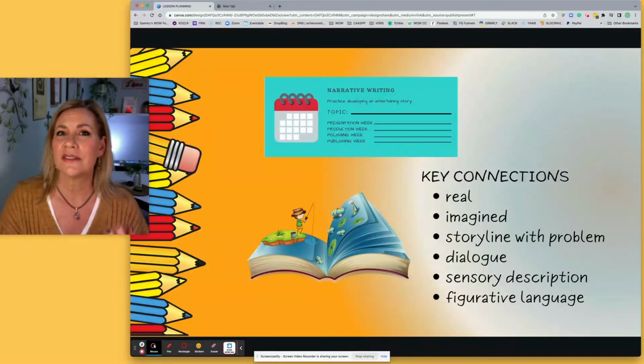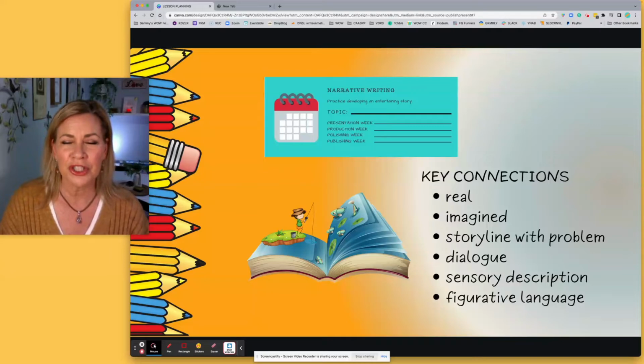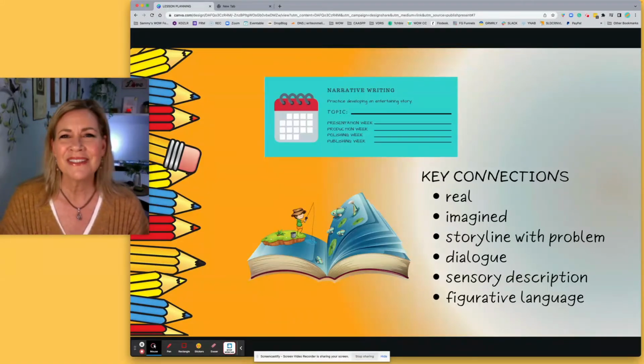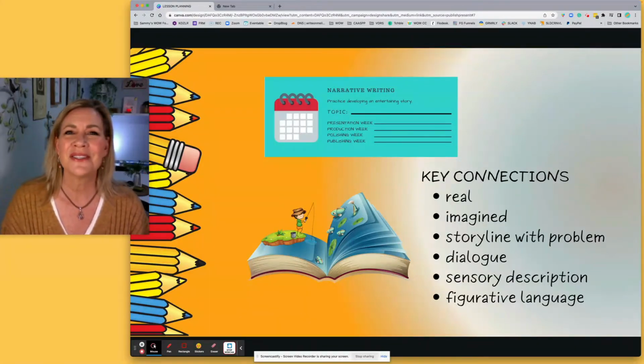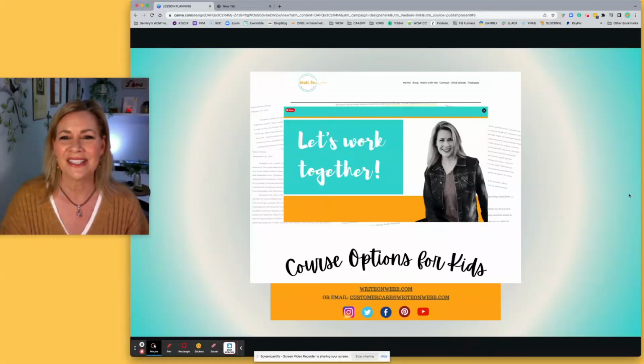What can your reader see, taste, smell, touch, feel? You want all of that in there, and figurative language too. Similes and metaphors, hyperboles and personification, all the fun things. Figurative language is one of the things students love to add to their stories. They have a lot of fun with that, so make sure that you squeeze that in too.